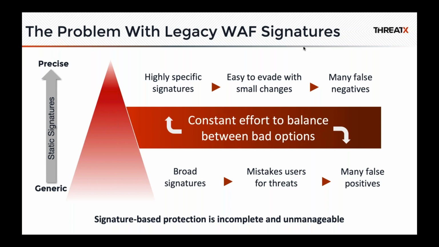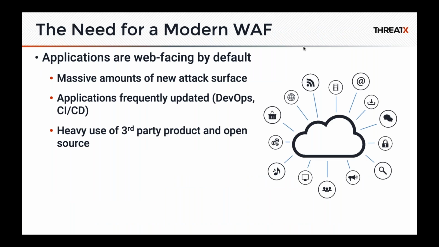And so overall, signature-based protection is incomplete, and it's honestly pretty hard to manage. So there's a clear need to improve web application protection. And as we know, web apps are quite frankly growing, which leads to a far broader attack surface. We hear the volume of attacks increasing just in 2019.